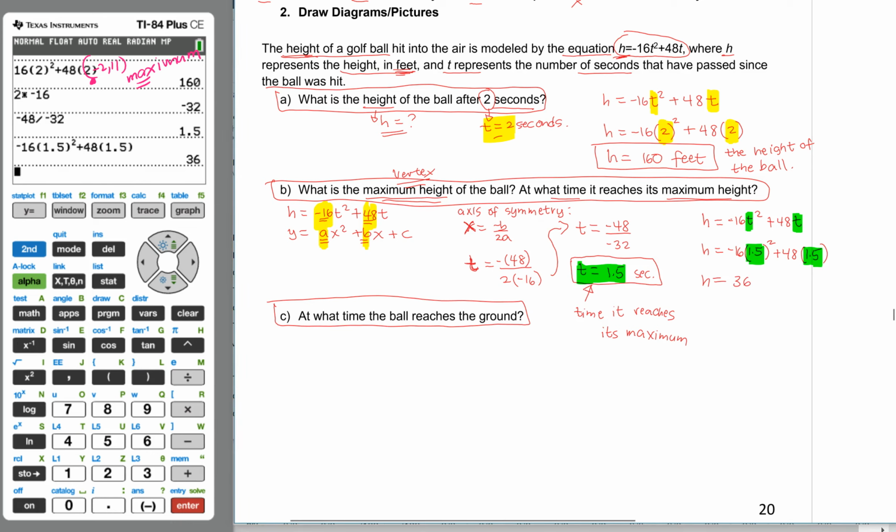The height is represented in terms of feet, so this is 36 feet, and this represents the maximum height.